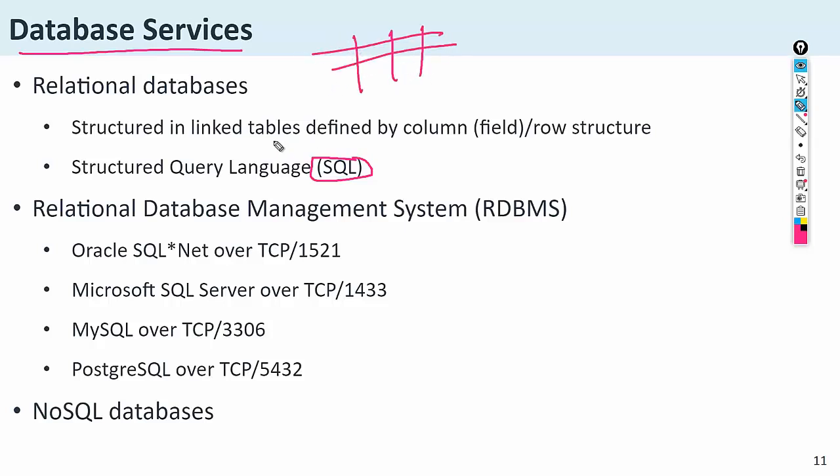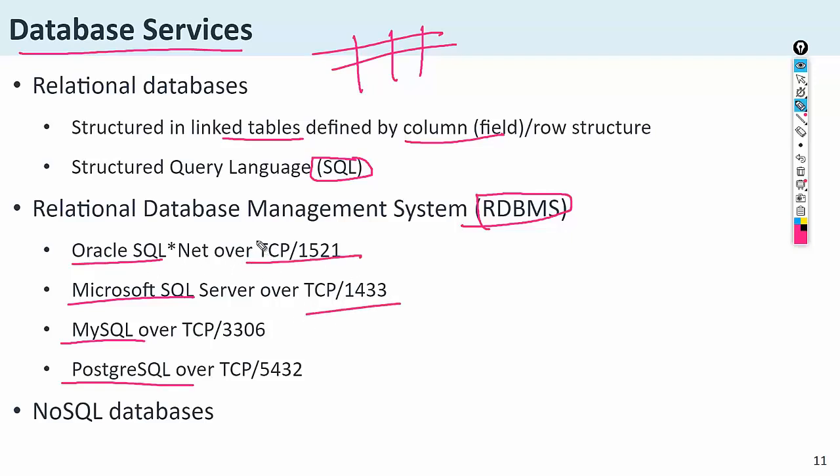Some are rows and columns, which have the row structure and fill all the columns. There are some relational database management systems, RDBMS, which are used to manage multiple relational databases. These databases include Oracle, Microsoft, MySQL, PostgreSQL, and they use different ports.